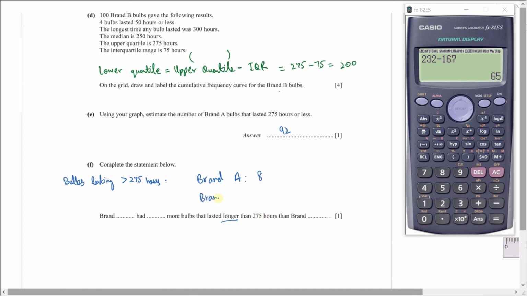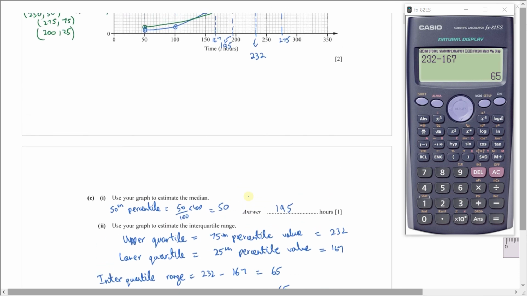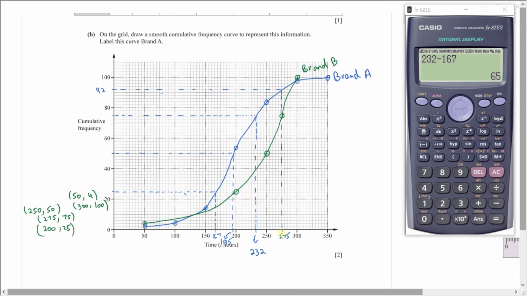And then for brand B, how many bulbs last greater than 275 hours? So let's look at the graph. So at 275, you actually have this point here. So at 275 hours, your cumulative frequency value is 75. So if I look at 275 and go in this direction, I will end up here, which is 75.